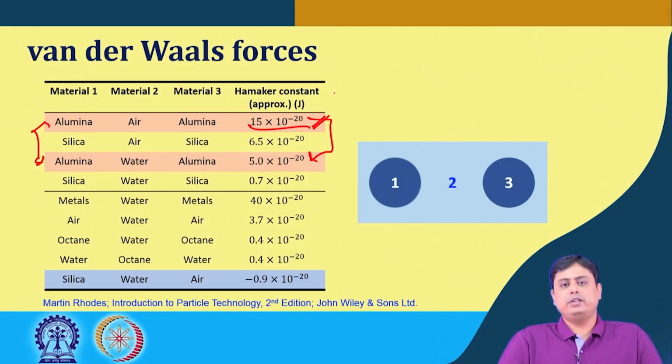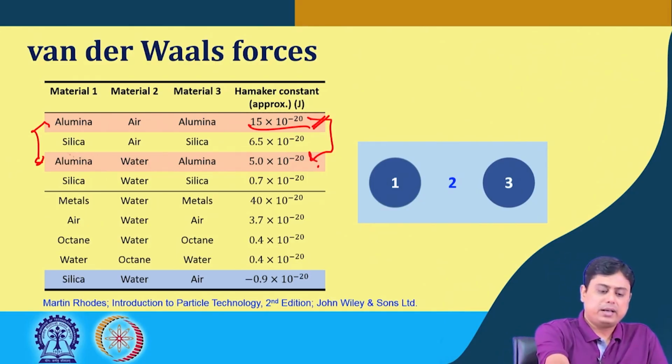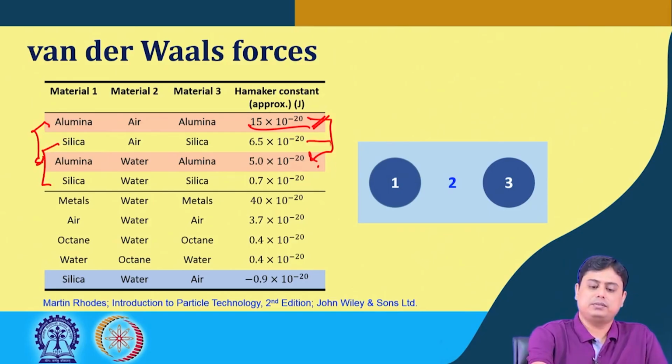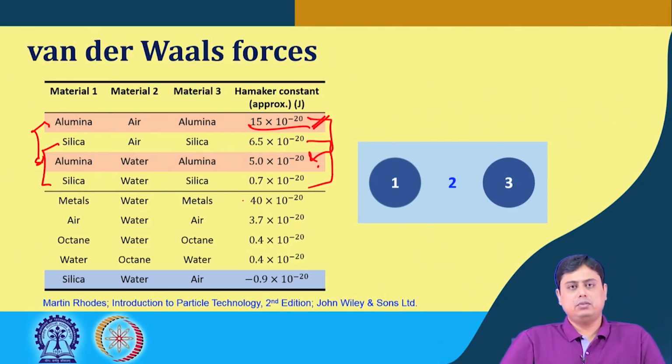As we change the intervening medium to water, the attractive forces have decreased, which means these particles are now easier to separate. Similarly, for silica particles, we can see a similar difference. From 6.5 to 0.7, it has been reduced when we change the medium from air to water.